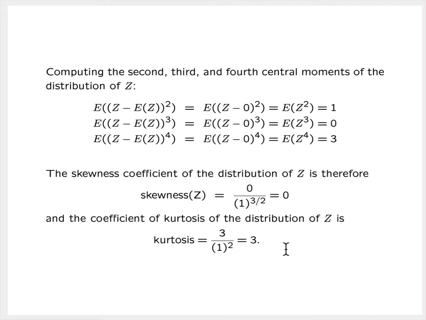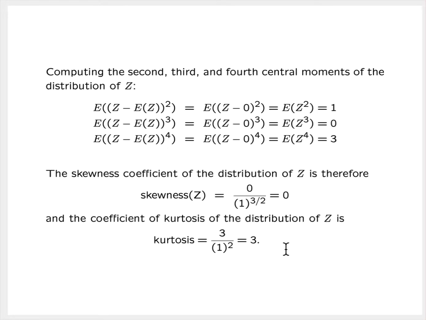The skewness coefficient has an easily understood interpretation. If the skewness coefficient is 0, that means that the distribution is symmetric about the vertical line going through the mean. If it's non-zero, then that means that there's some skewness in the distribution.